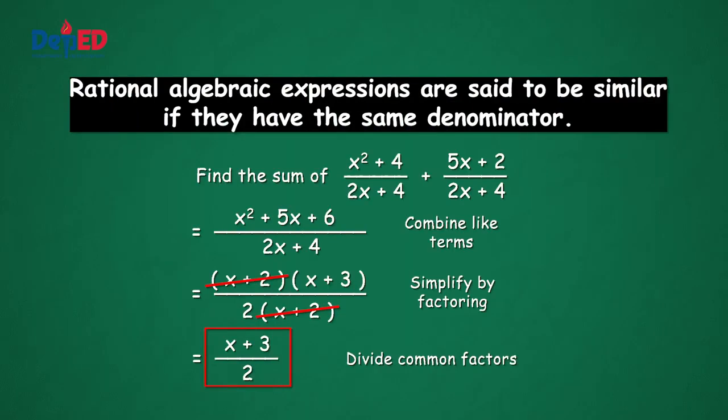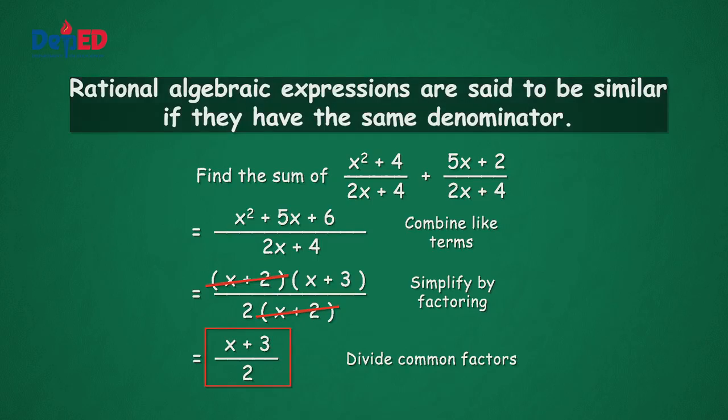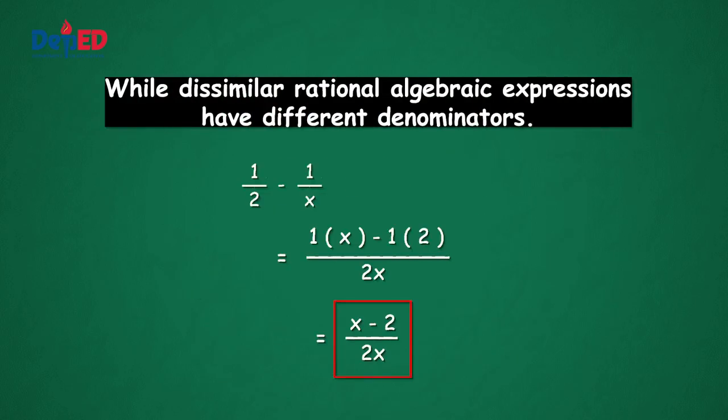Now let us have a recap. Rational algebraic expressions are said to be similar if they have the same denominator, while dissimilar rational algebraic expressions have different denominators.